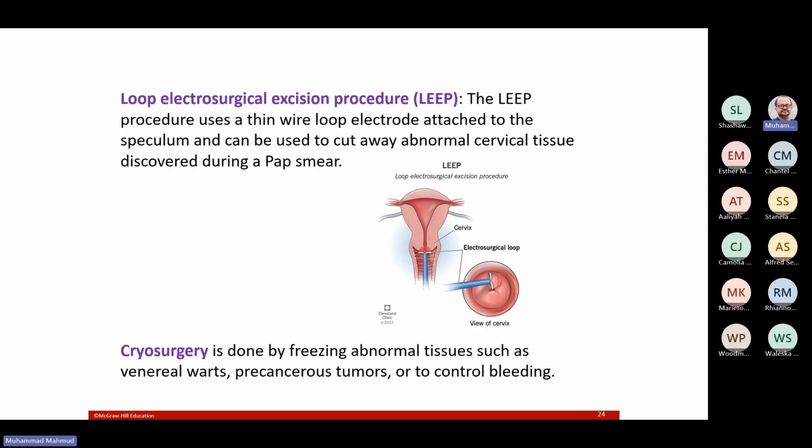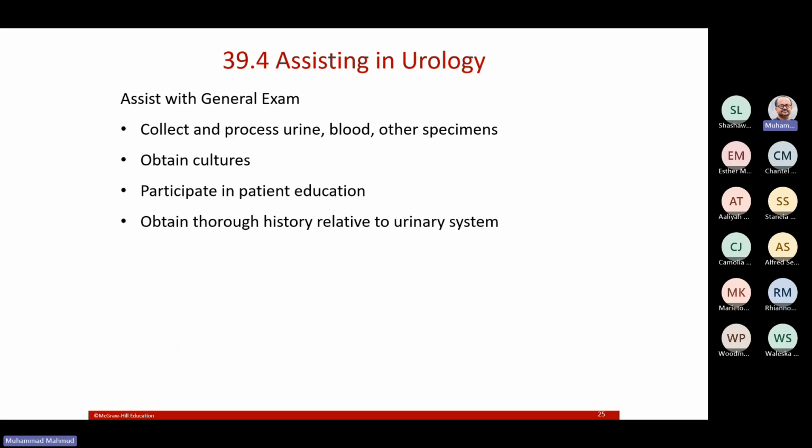In cryosurgery, freezing the abnormal tissue is done. For example, cryosurgery is used for venereal warts, precancerous tumors, or to control bleeding.